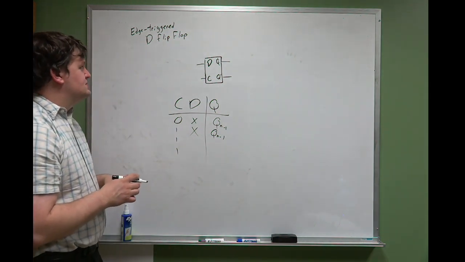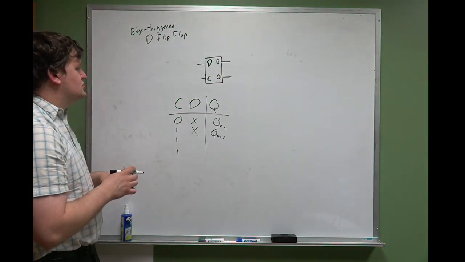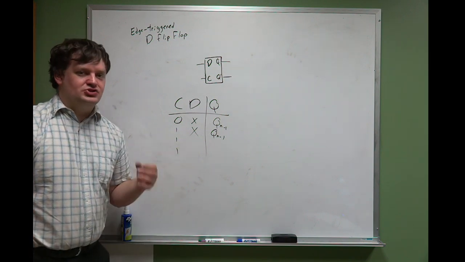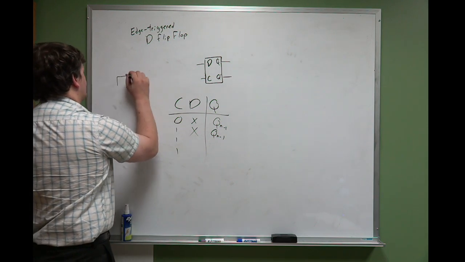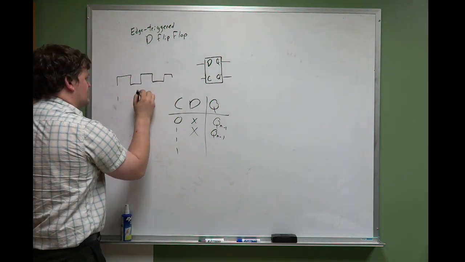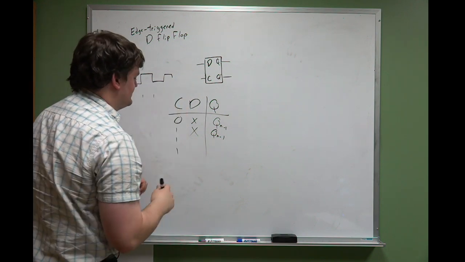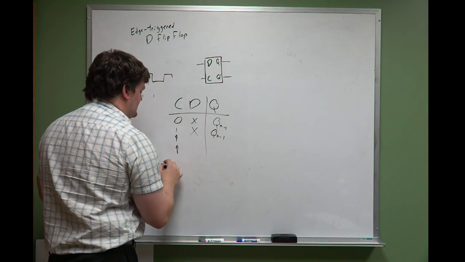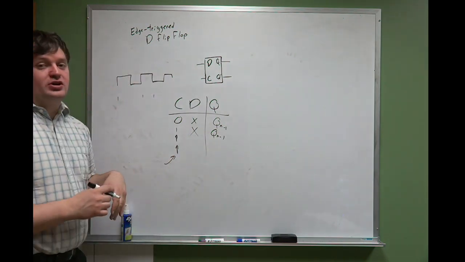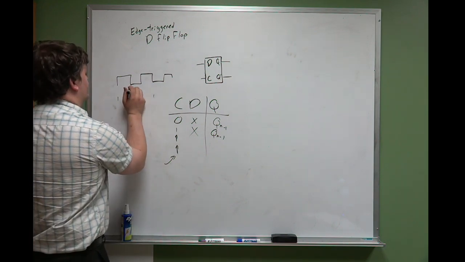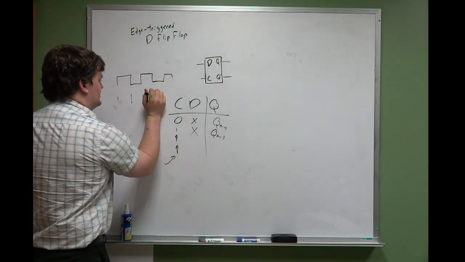What this will do is, the edge triggered flip flop will only change when the clock signal changes. So if we have one of these things going on, it'll only change values here, here, here, here, and here. I apologize. So if you have a leading edge, this would be a leading edge triggered D flip flop. Otherwise, you could have a trailing edge triggered flip flop where it comes off of this one instead.